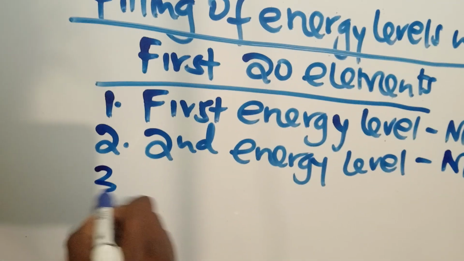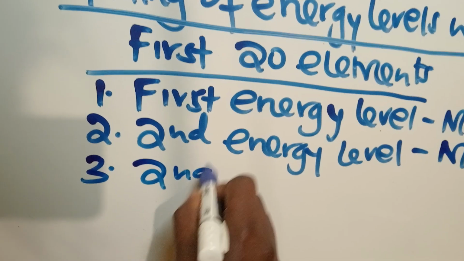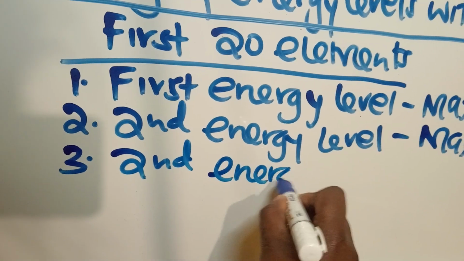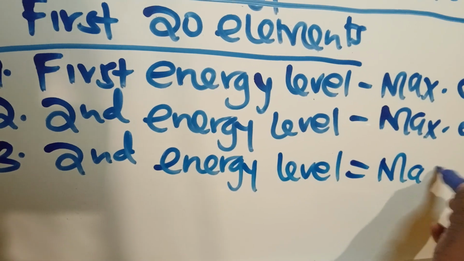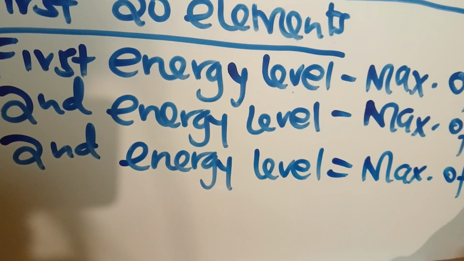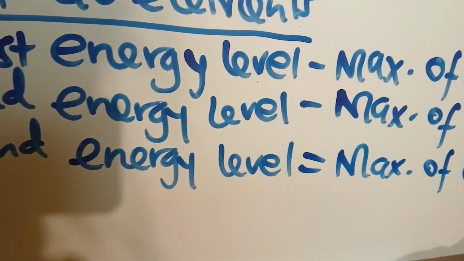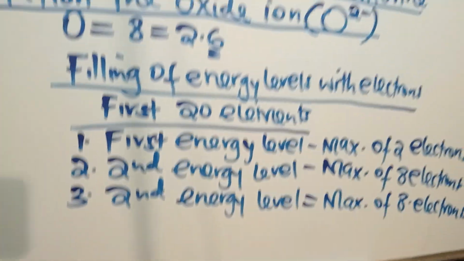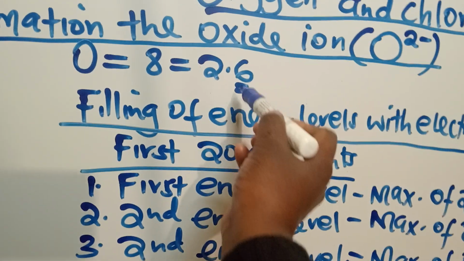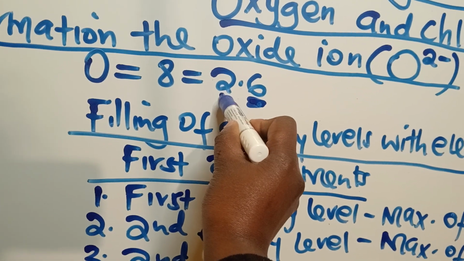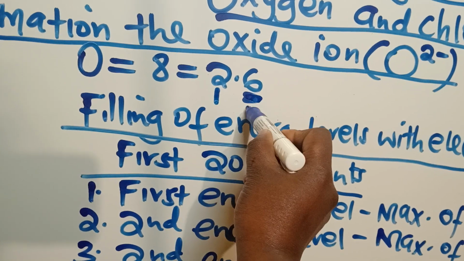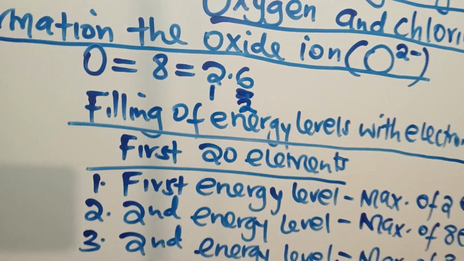The third energy level, again for the first 20 elements, has also a maximum of 8 electrons. So let us look at our oxygen here. This is the first energy level with 2, and this is the second energy level.